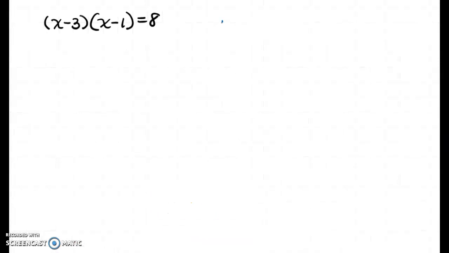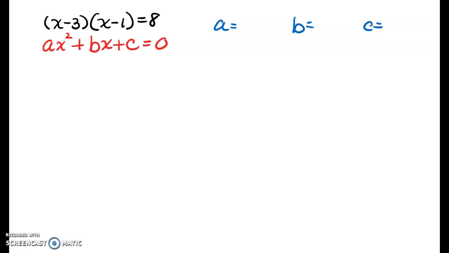Alright, so I know I need to find a, b, and c, but it's quite clear that I don't have my equation in standard form. So I think what I need to do is I need to distribute. So x times x is x squared. X times -1 is negative x. -3 times x is negative 3x.